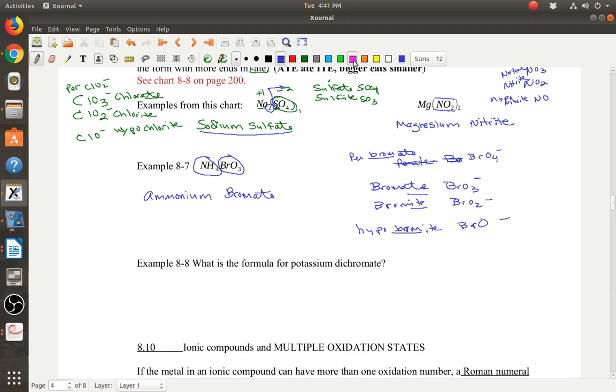So it again is per-ate, -ate, -ite, hypo-ite. 4, 3, 2, 1. Most oxygens, least oxygens. Per-ate, -ate, -ite, hypo-ite. And if you don't see a per or a hypo, then you do just these two, bromate, bromite.